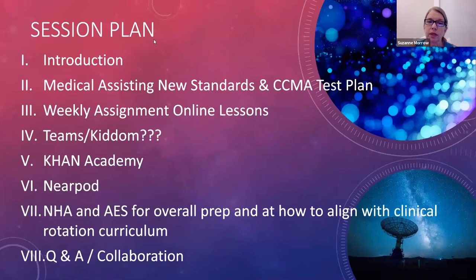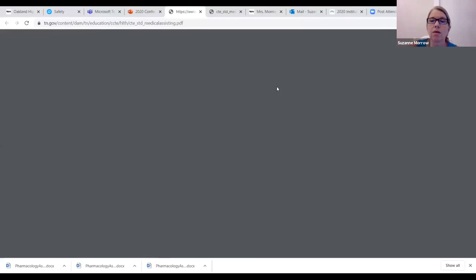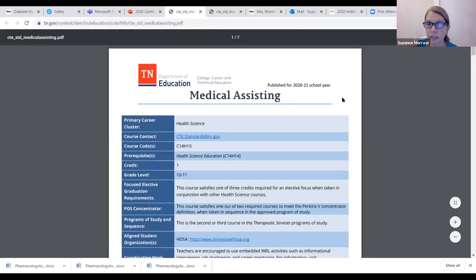So this is what we're going to talk about today. One of the big things going in is there are actually new medical assisting standards. This is a new class that Sloan got approved just this last year. So it's something that you definitely might want to look at. Here are the standards for it.